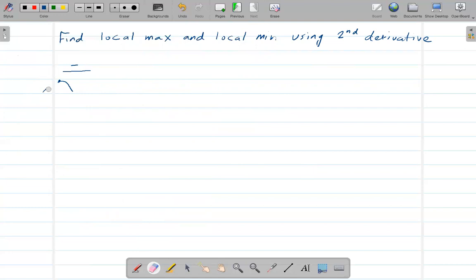So the idea here is, okay, let's say c is given, which is a critical number, and a certain function will be given.